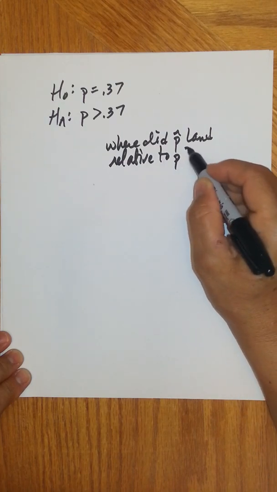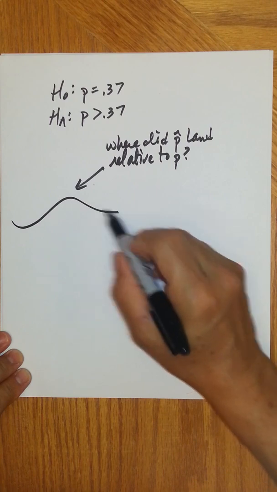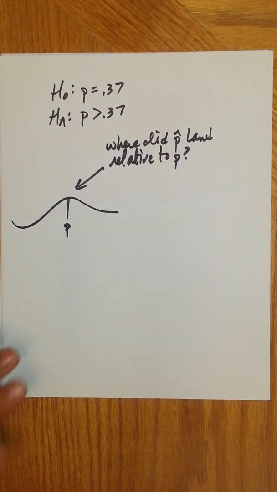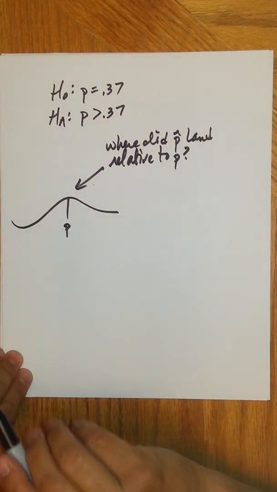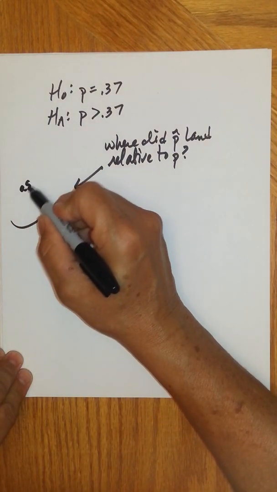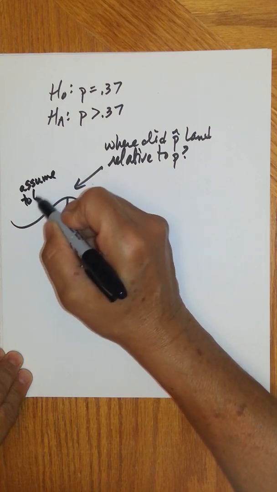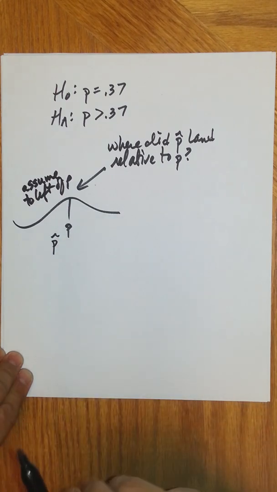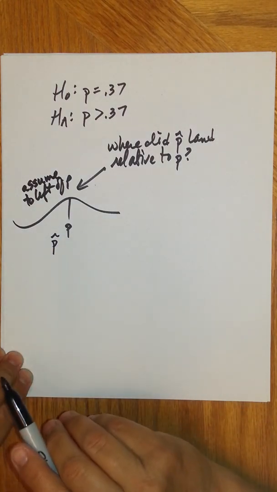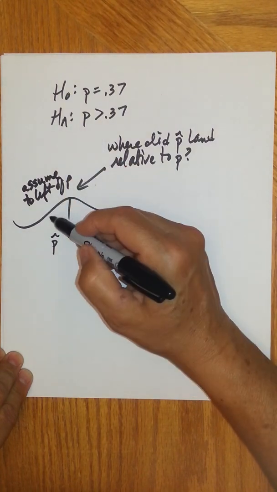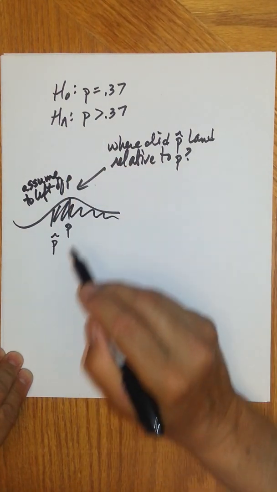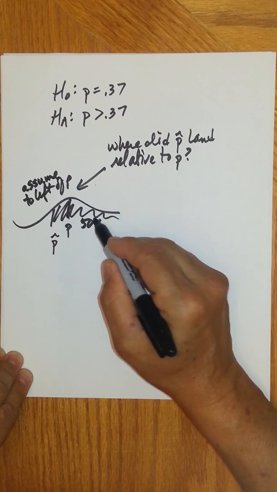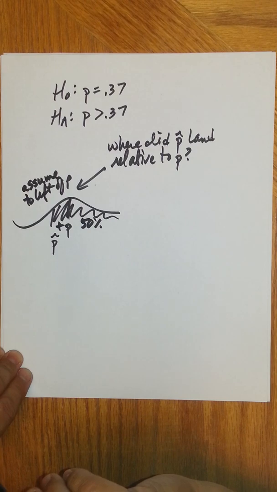Well, we know generally when we take samples, they almost never land on the truth. Sometimes they do, but really there's a lot of sampling variability. So let's assume p hat is to the left of p, the mean. If p hat landed to the left of the mean p, then we're told we have to shade to the right. And we see right away this is more than half the curve, and half the curve is already 50%, so you'd have more than 50%.